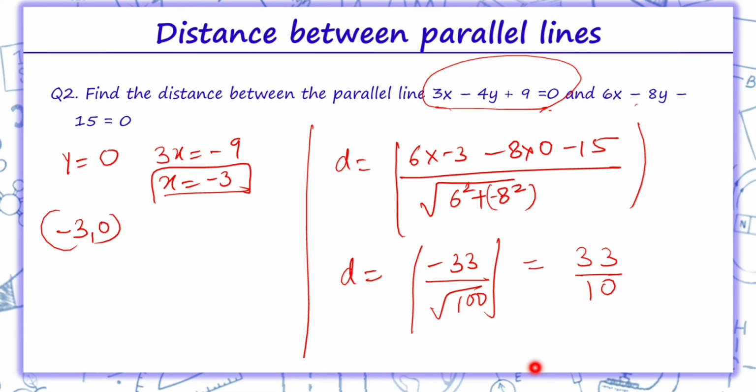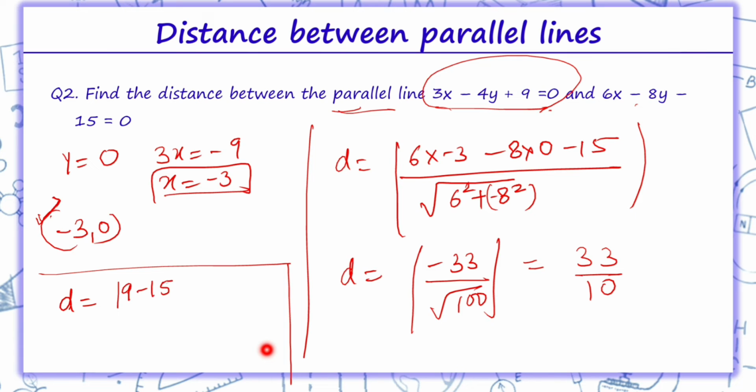So this was one method in which we calculated a point and then from that point we calculated the distance. Now we have one more method. Since these two lines are parallel to each other, as already given in the question, we can use the direct formula, which is mod of C1 minus C2.